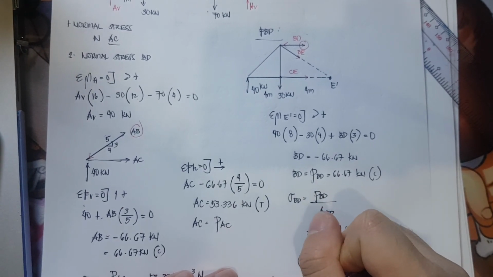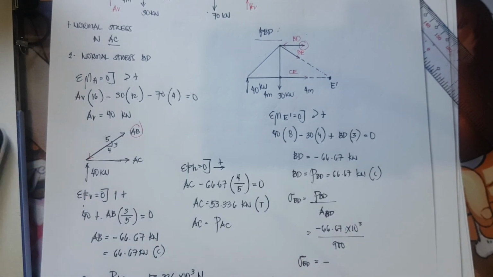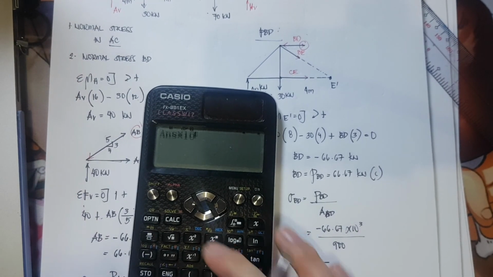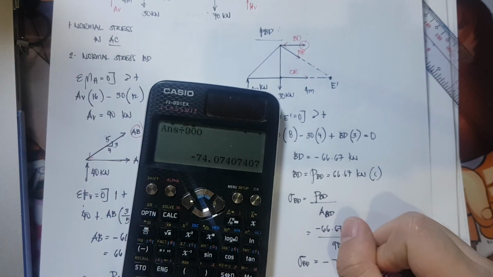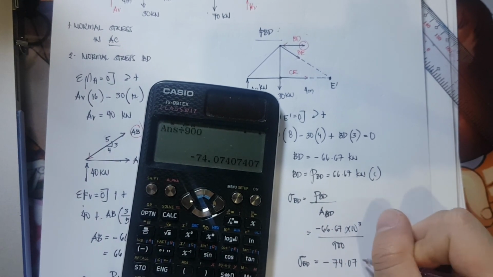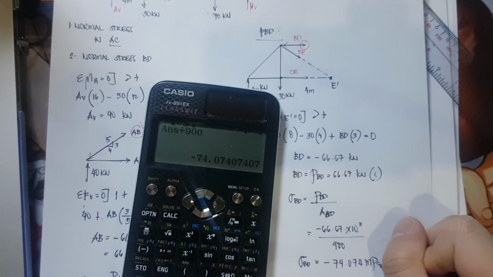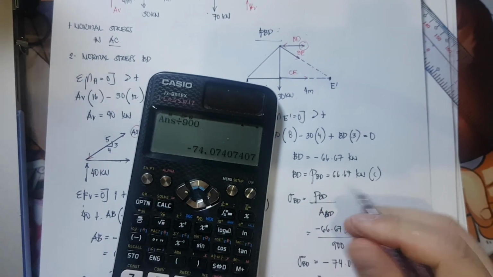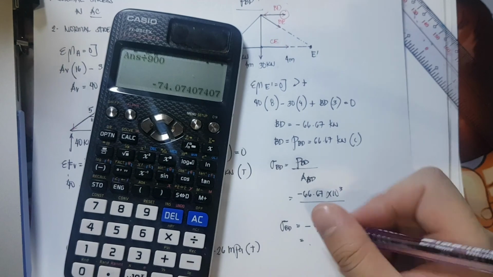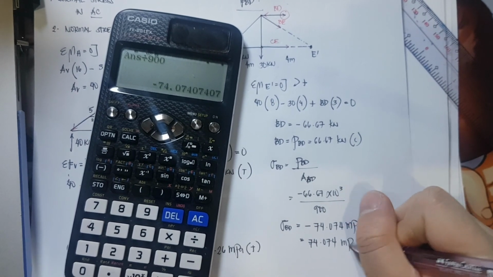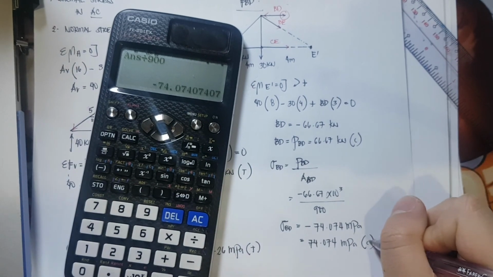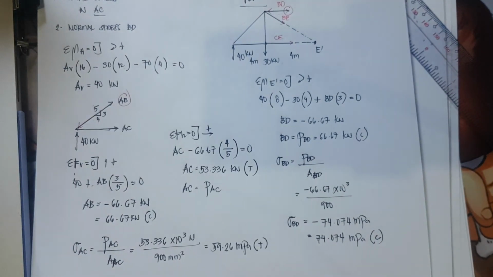Therefore, the stress BD is equivalent to negative 74.074 megapascals, or 74.074 megapascals compression.